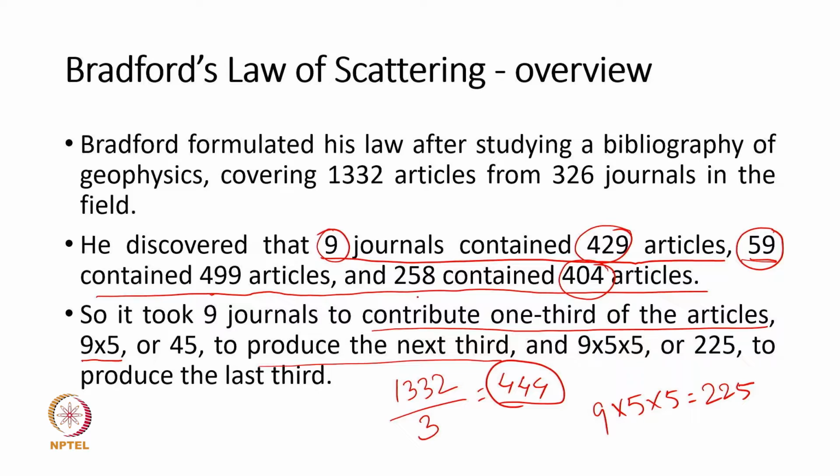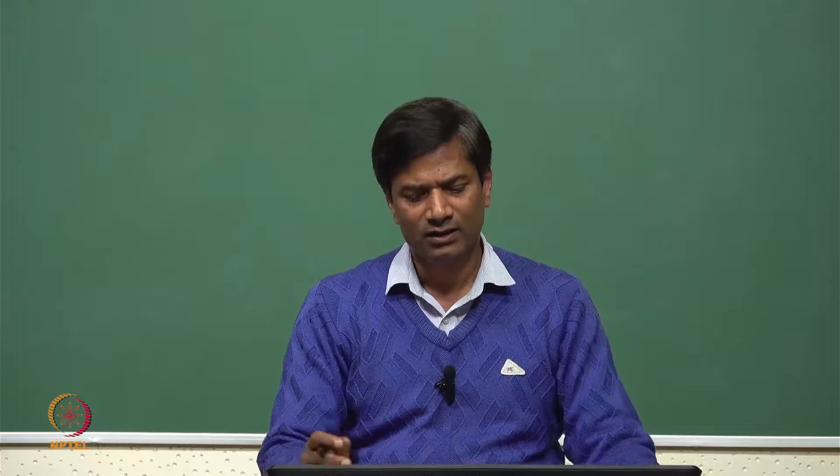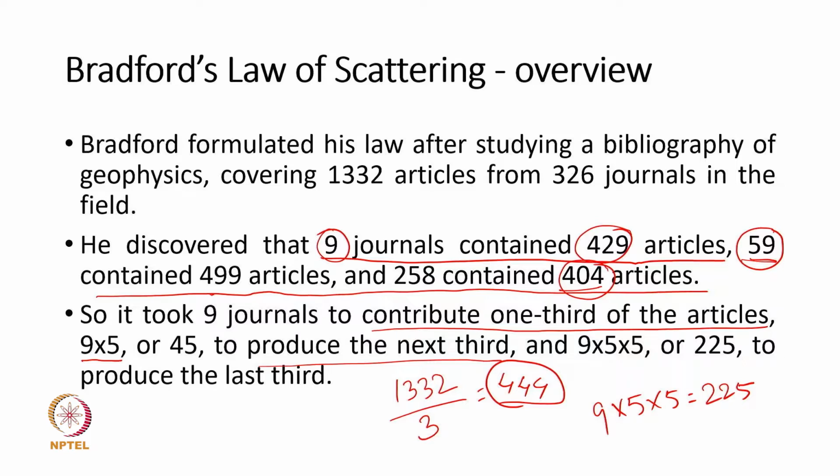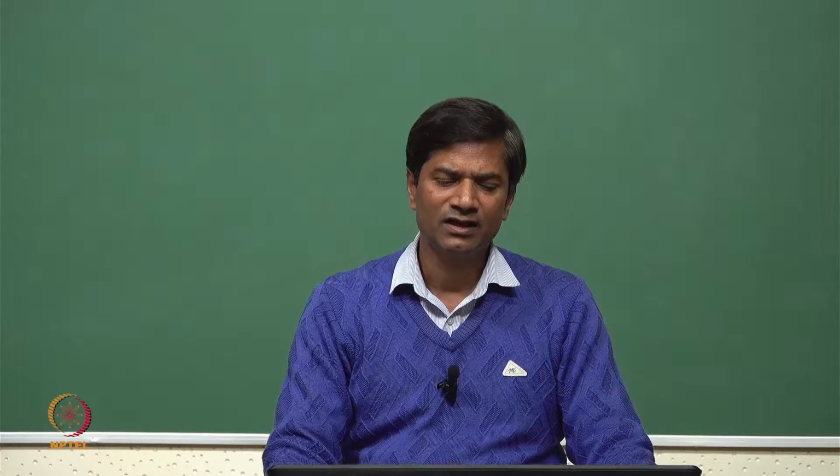Here 258 journals produce 404 articles. That means approximately he concluded that one third of the articles is produced by 9 journals, followed by one third produced by the next 59 journals, and approximately one third produced by 258 journals, and there is a relationship between 9, 59 and 258. Based on that, he expressed his law of scattering in the following way.